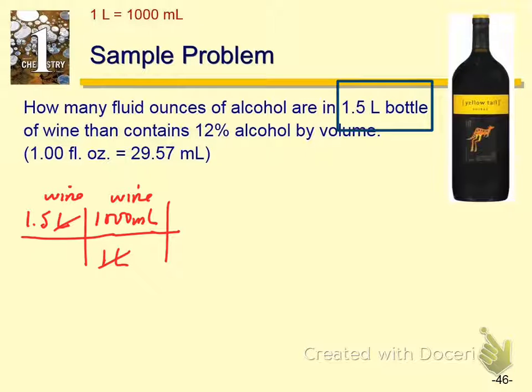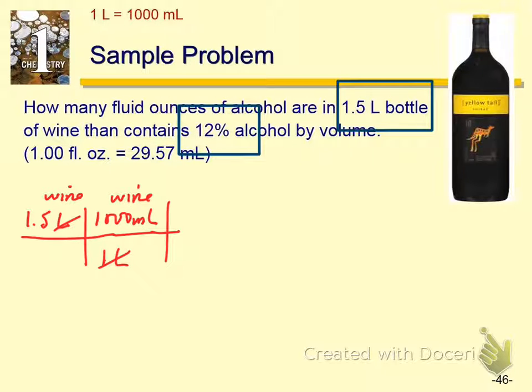So 12%, what am I going to write? If I want to use this now, 12%, what will I write on the top and on the bottom? We're trying to figure the volume of alcohol. You could do 0.12 alcohol over 1.